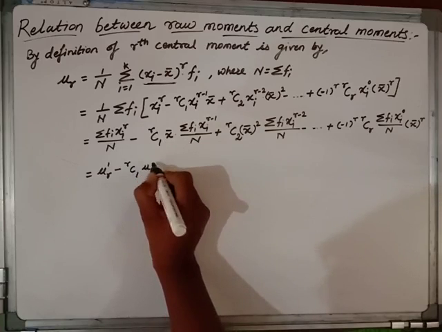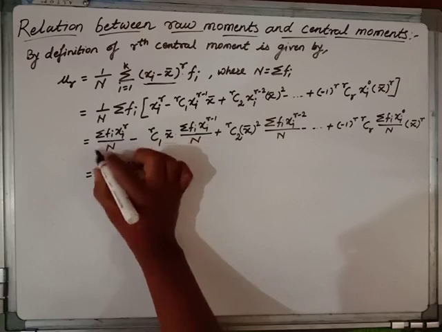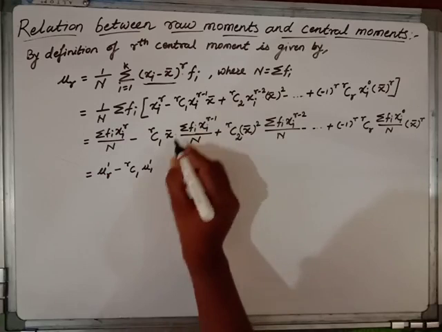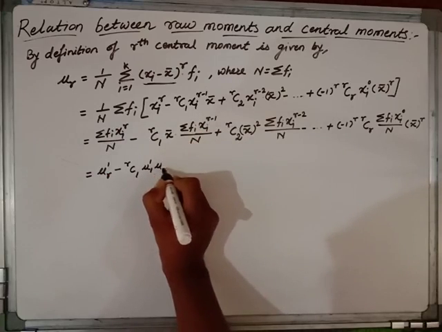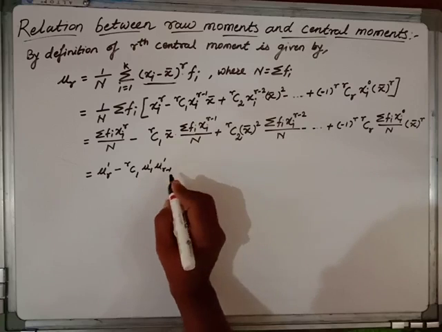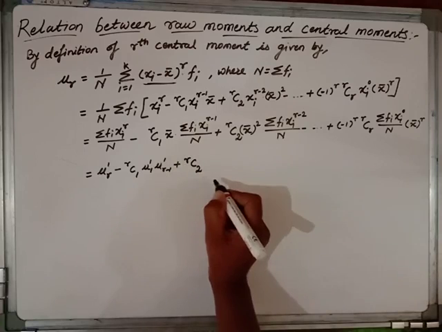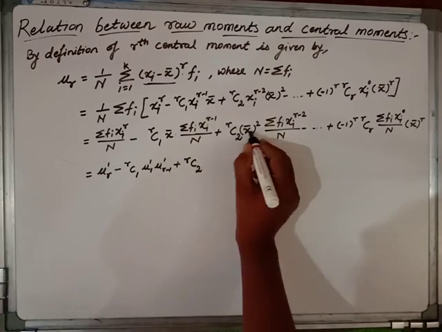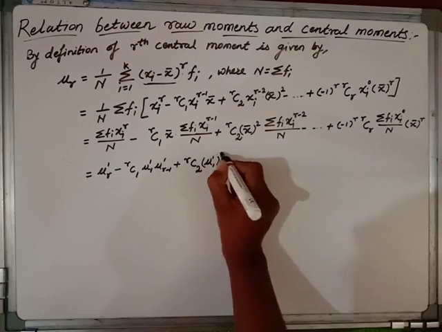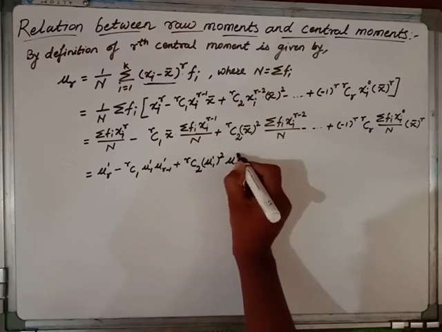Arithmetic mean is nothing but mu1 dash; if r is equal to 1, this is the arithmetic mean, that is x bar. This is mu r minus 1 dash, the r minus 1th raw moment, plus rc2, again x bar square means mu1 dash square, into mu r minus 2 dash.